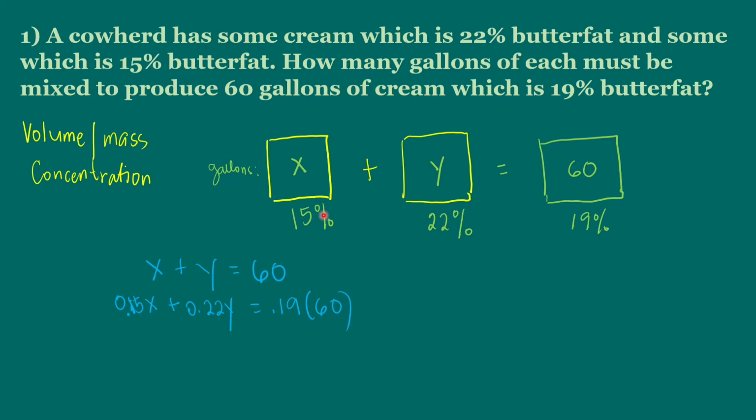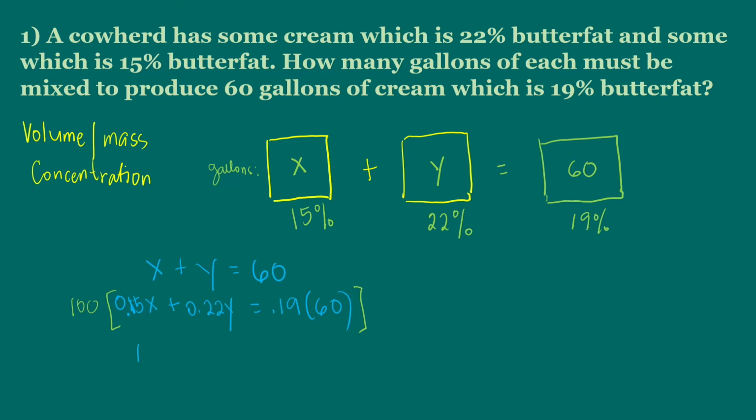We can simplify the second equation by multiplying it by 100, so that the decimal places will be eliminated and it becomes whole numbers. So, it will give us, what?